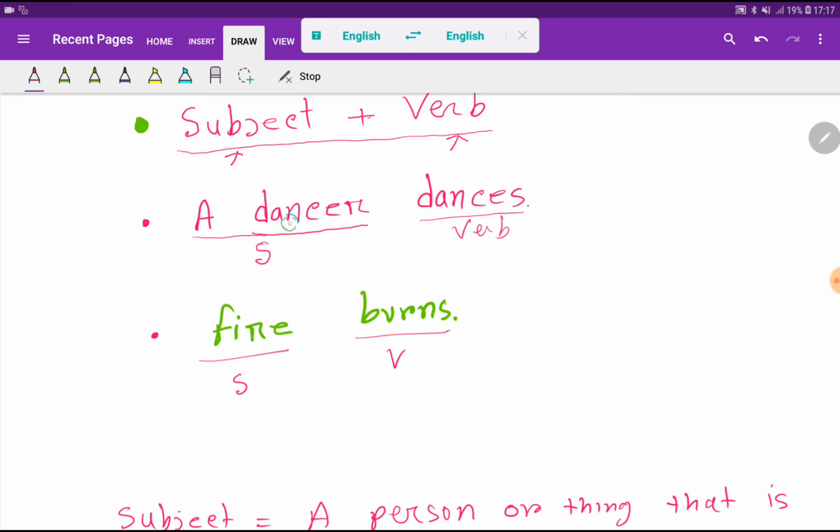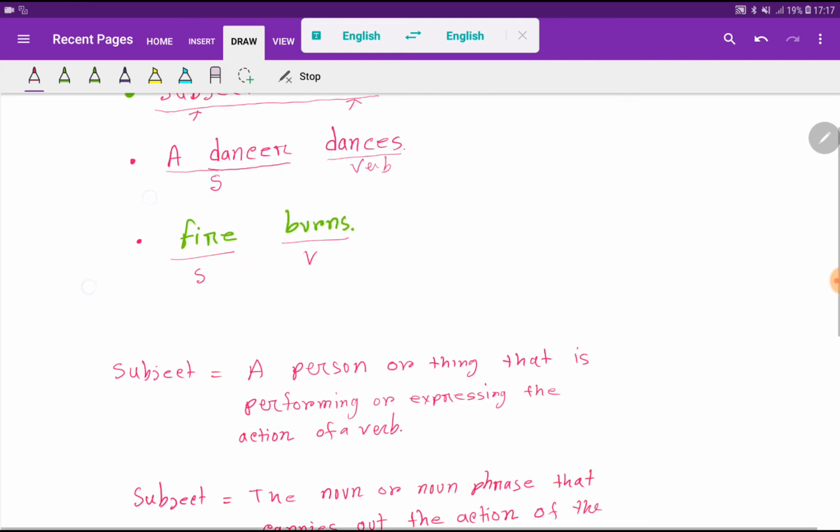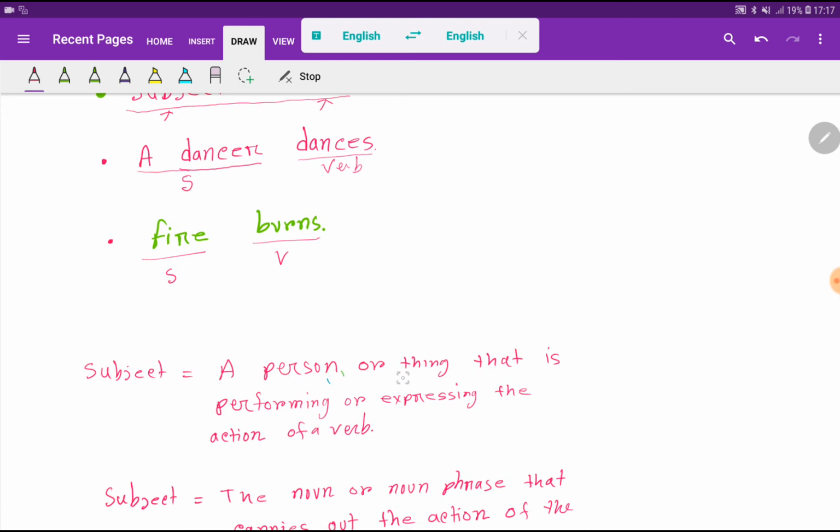So dancer is the performer, that is the subject. A person or thing that is performing or expressing the action of a verb, right? So dancer dances, so dancer is the subject here. Okay, a is a modifier of the subject, that is another thing we'll learn step by step.